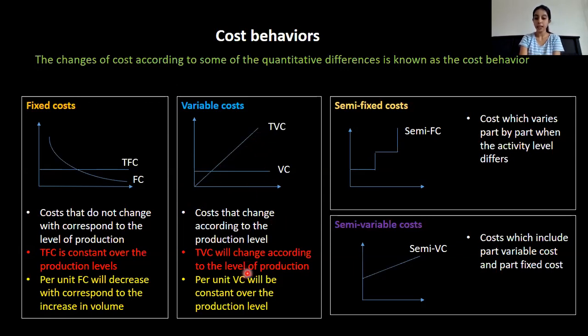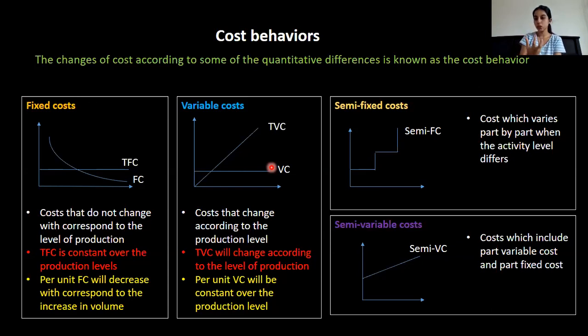And the per unit variable cost will be a constant over the production level. How do we calculate the variable cost? We can calculate it by dividing the change in total variable cost over the change in quantity, or simply total variable cost over quantity. Total variable cost will increase proportionately with the increase in quantity or output.